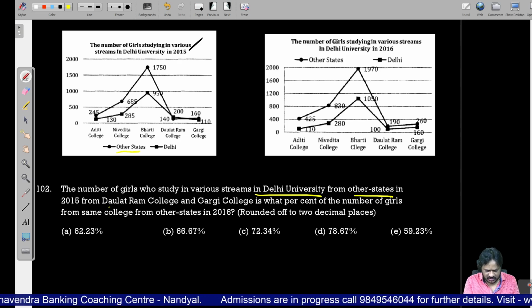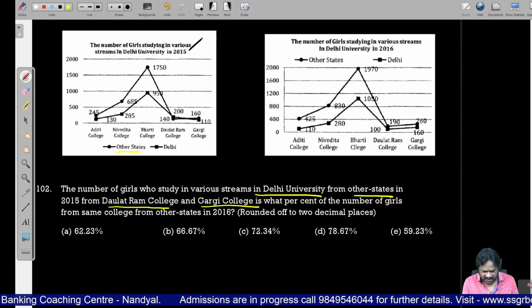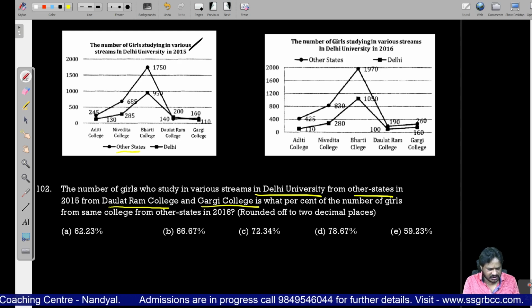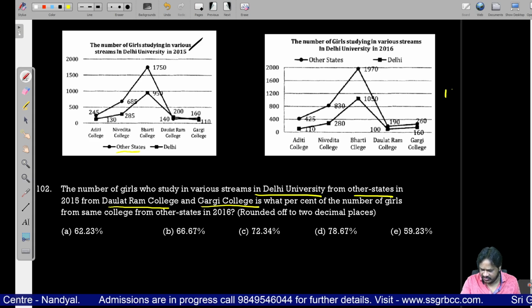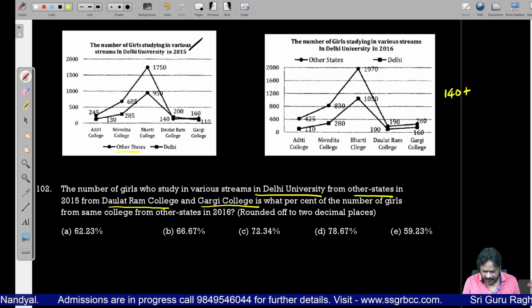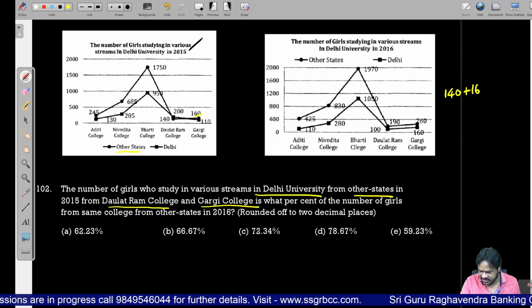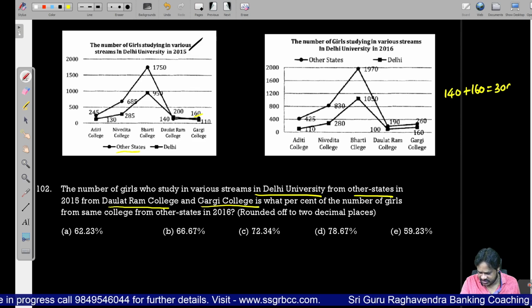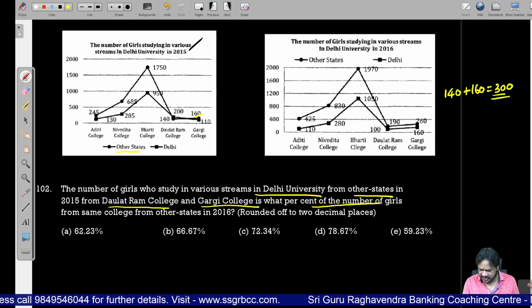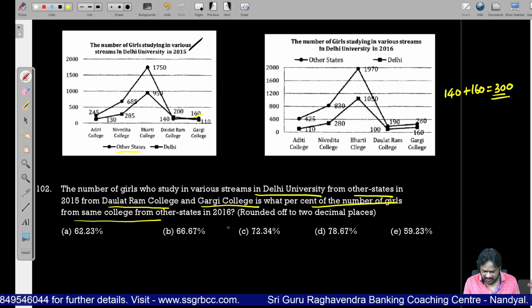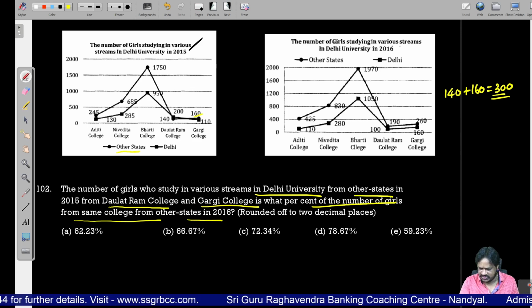From the two colleges, Daulat Ram College the value is 140. Then Gargi College, the value is 160. So 140 plus 160 is 300.